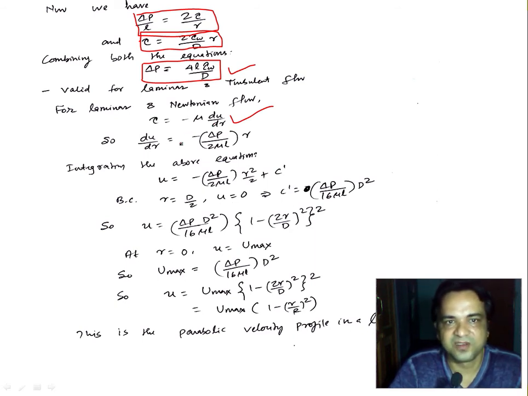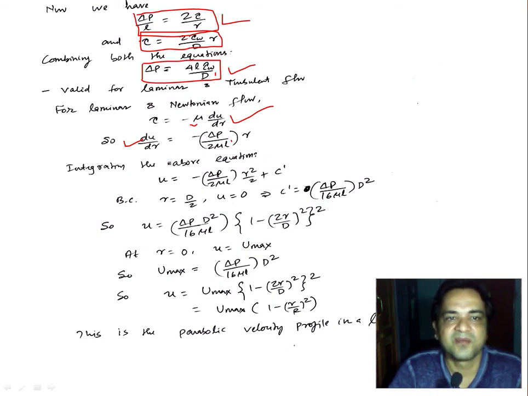From these equations we will get du by dr. Put the value of tau in terms of the pressure drop, and you will get du by dr equal to minus ΔP by 2 mu L into r.